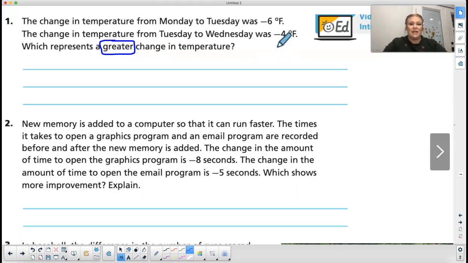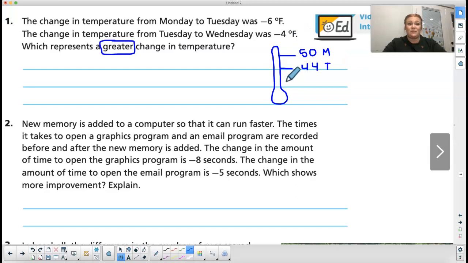If we're thinking like, here's our thermometer, and let's just say that on Monday it was 50 degrees. So this is Monday. And then by Tuesday, it's dropped 6 degrees. So now it is 44 degrees on Tuesday.